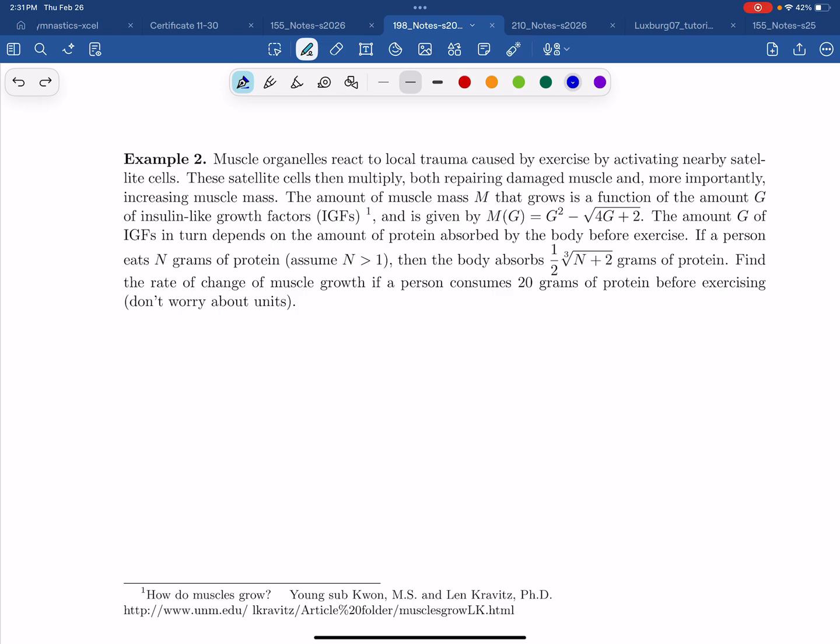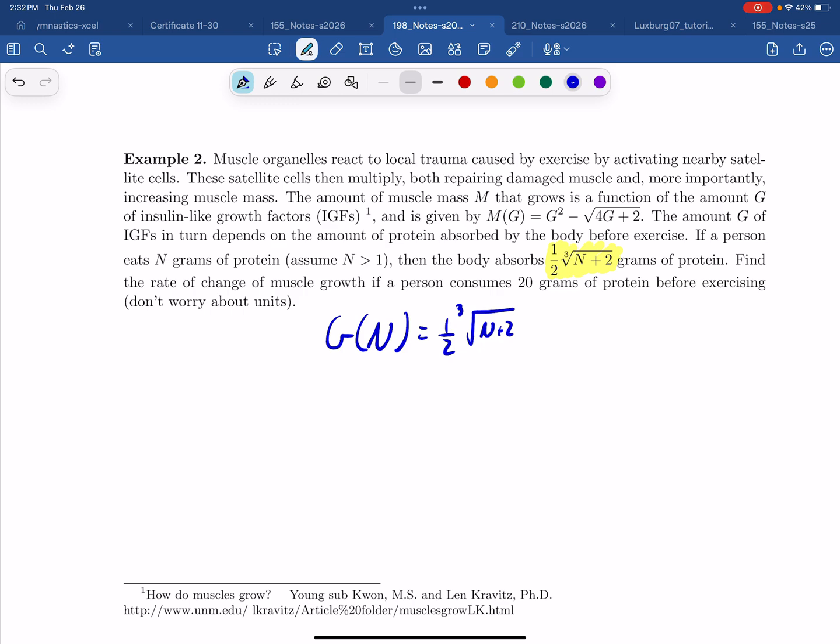So what we're going to say, just to be crystal clear, as I'm not sure it's obvious, is that G of n equals 1/2 times the cube root of n plus 2. So we say, find the rate of change of muscle growth if a person consumes 20 grams of protein before exercising.